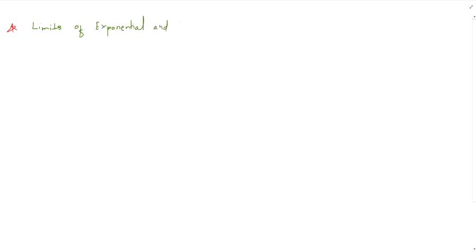First, you are familiar with what is meant by an exponential function and a logarithmic function, but I want to revise it for all of you. So let us see here.